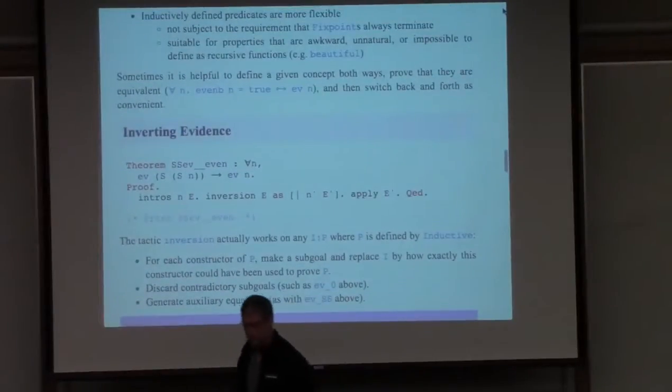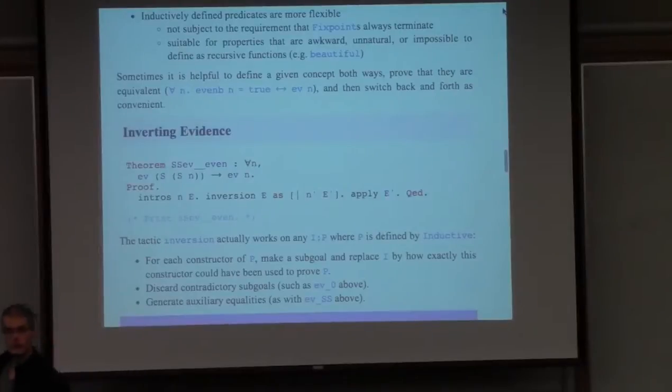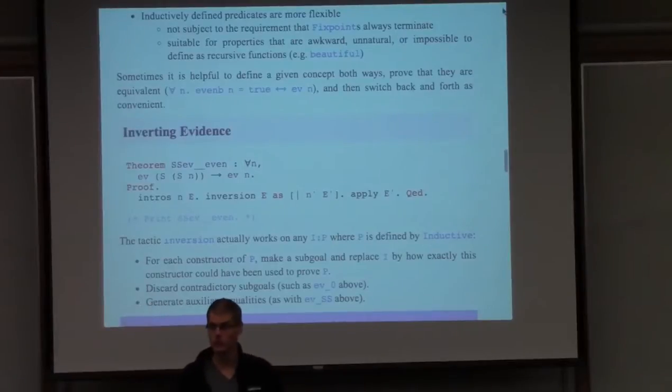Here's one last thing we can do with evidence. We can do inversion on it, and this is also something that we often do in the kind of proofs that come up in the metatheory of programming languages and logics.